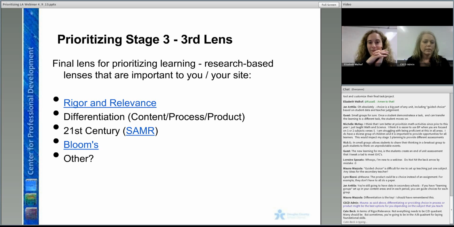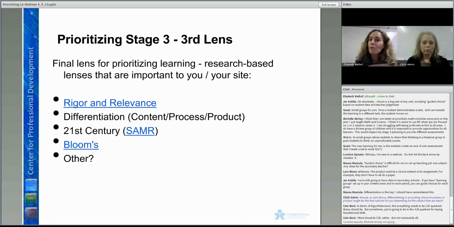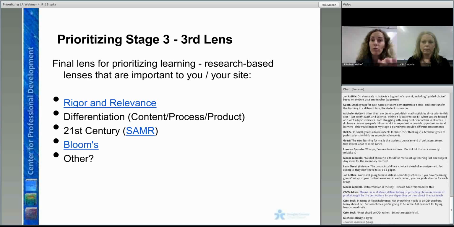And it depends on if you have some kind of base framework for your learning in your school. Yeah. So that would be just an overlay as you look at how to prioritize what goes into your stage 3, and maybe even filter out things that you might have done in the past but might not meet the criteria that you're after.